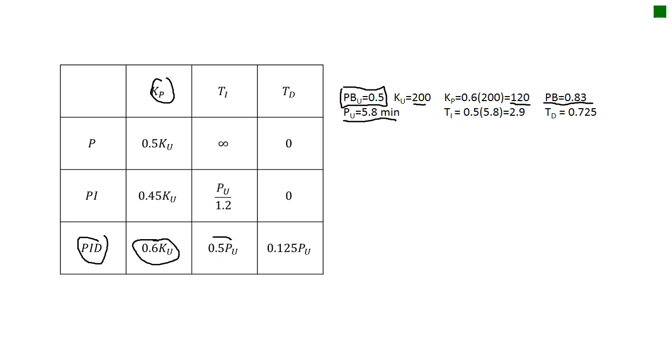For our integral time constant, it should be 0.5 times the ultimate period. Our ultimate period of 5.8 minutes, so 0.5 would be 2.9. And for our derivative, it's 0.125 times our ultimate period, and that calculates to be 0.725.